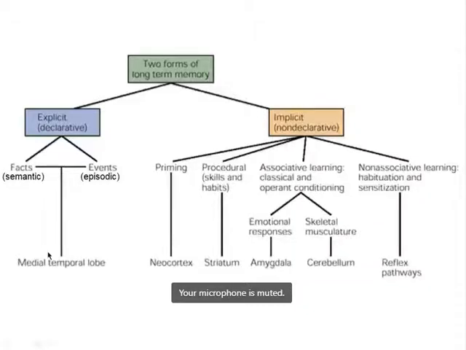Explicit memory is stored in the medial temporal lobe first, and then goes to the prefrontal cortex, and after that comes to the base part of the Meynert. I'll come later.